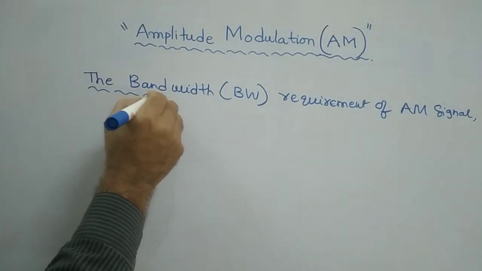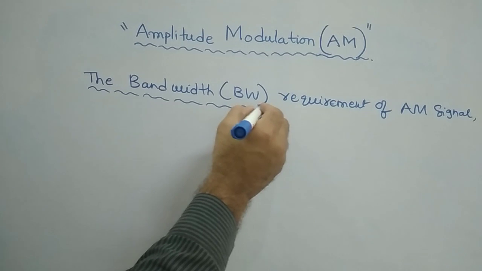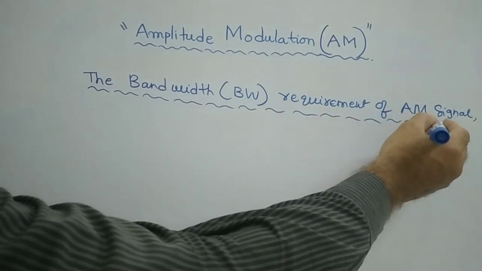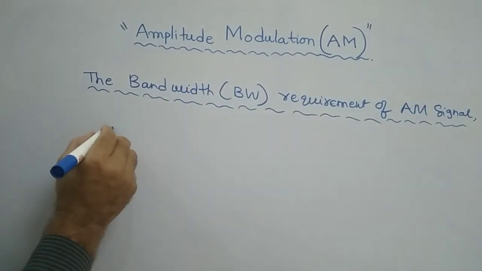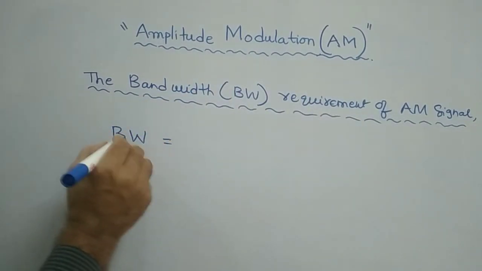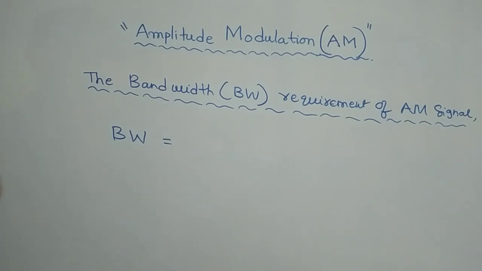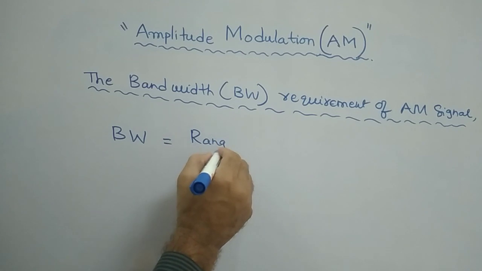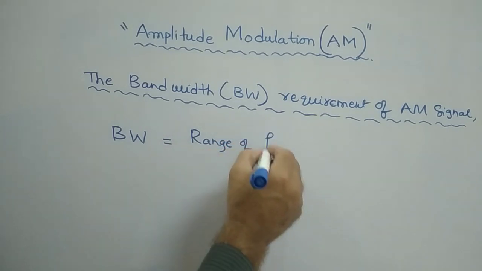What is the definition of bandwidth first? Bandwidth, which I can write in short as BW, is the range of frequencies in general.